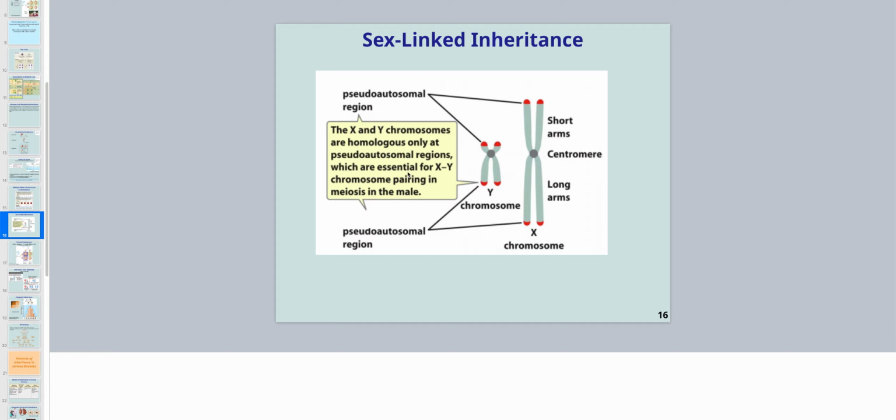The X and Y chromosomes are homologous in very specific regions. But there are a lot of genes on the X chromosome that are not present on the Y chromosome, so these are not exactly considered to be homologs. If you're a female, your X chromosome will be homologous with your other X chromosome.